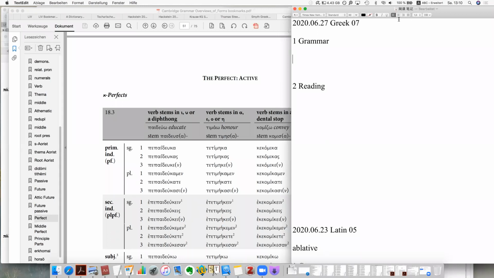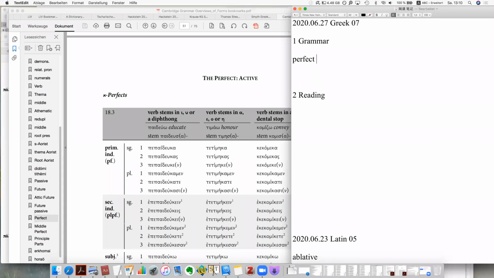To make it short, for the grammar, we're going to talk about the Greek perfect. As you have seen here, this is a grammar table from the book, the Cambridge Greek Grammar.